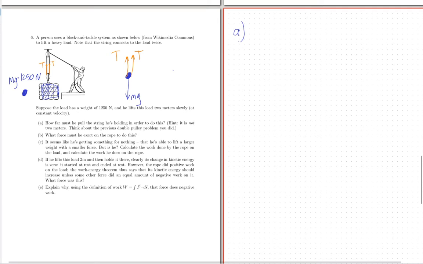So imagine that he were to pull the string, say, 1 meter. Well, he's shortening the string by 1 meter. But since the string is wrapped around twice, wrapped around the load, taking half a meter out of each one of those would give him 1 meter of string. So let me write this out in text form here.